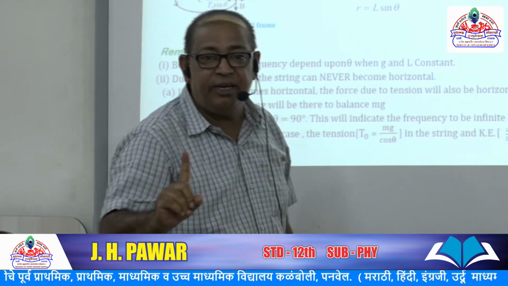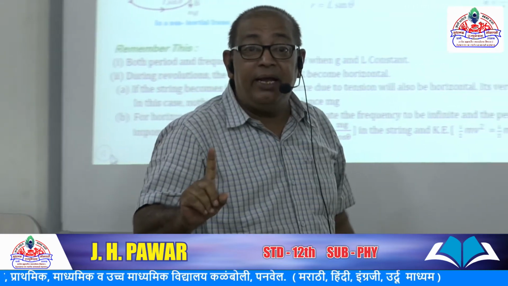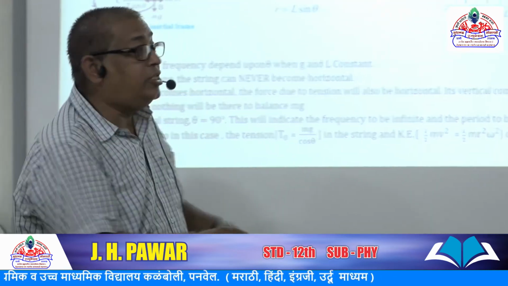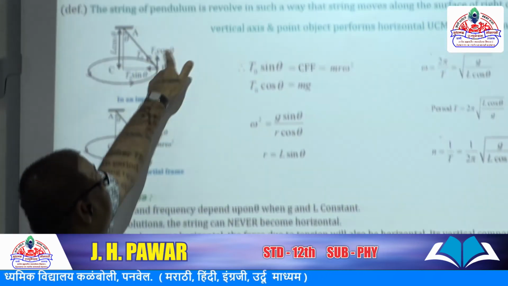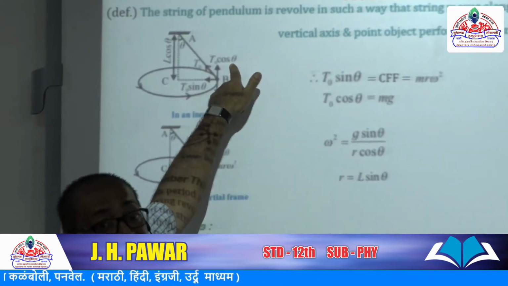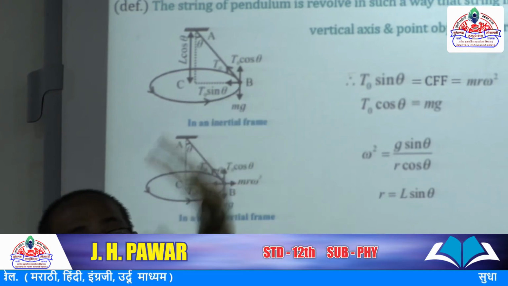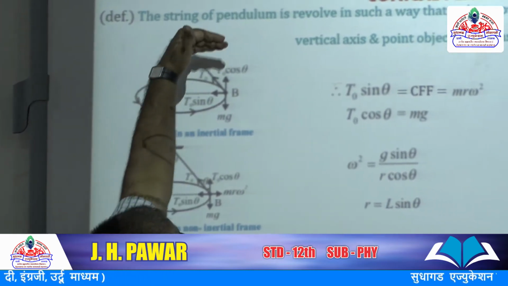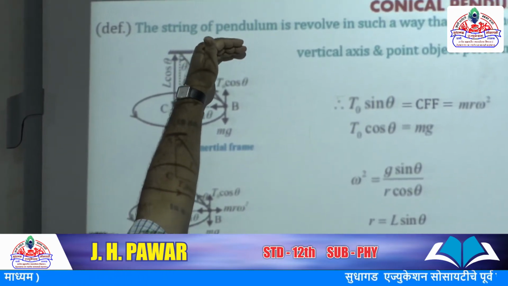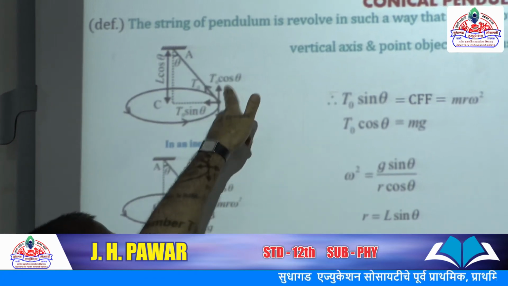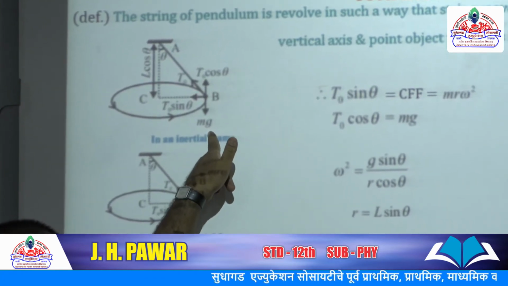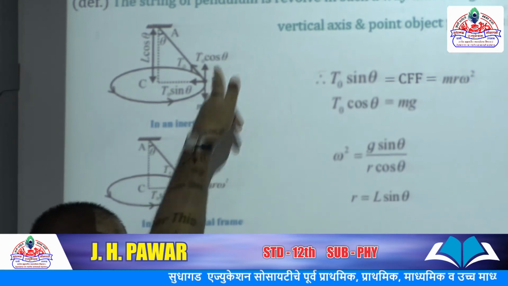The tension does not have a vertical component, because theta is 90. Again we said T0 cos theta, with theta 90, the vertical component is 0. In this case the vertical component balances the weight.